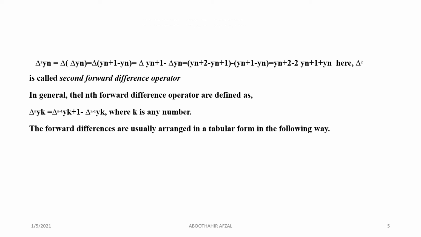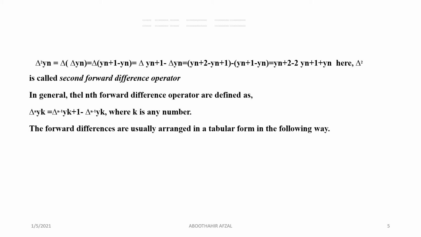So here, when I speak about delta square yn, I told you that it is delta of delta yn. That means I have reduced the power by 1. I am finding delta square, but I am saying delta of delta yn, that is, power is 1.